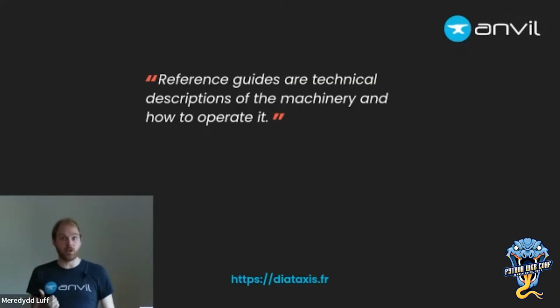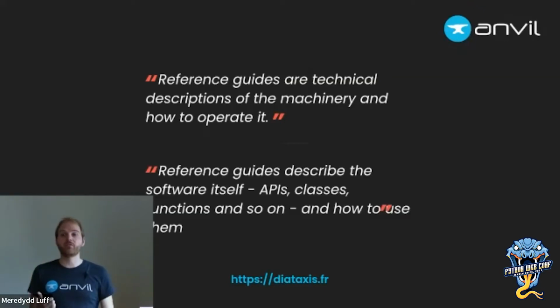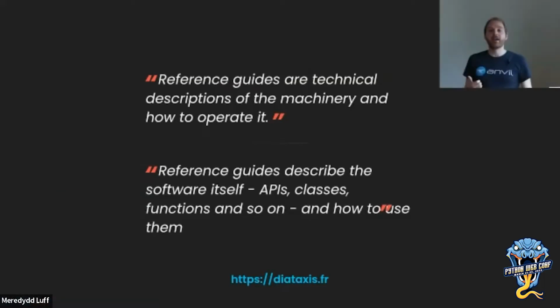We clearly need those. We also see that reference guides describe the software itself, APIs, classes, functions, and so on, and how to use them. Well, that's also a thing that we definitely need. But can one piece of documentation really fulfill both of these needs? I don't think so. I'm going to call this stuff reference documentation and this stuff API documentation, and they are not the same thing.